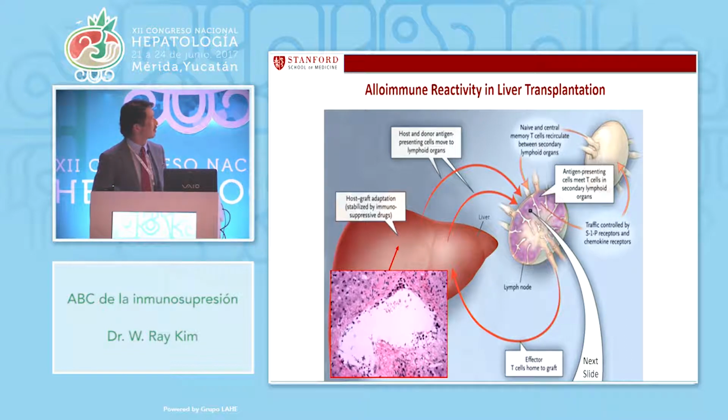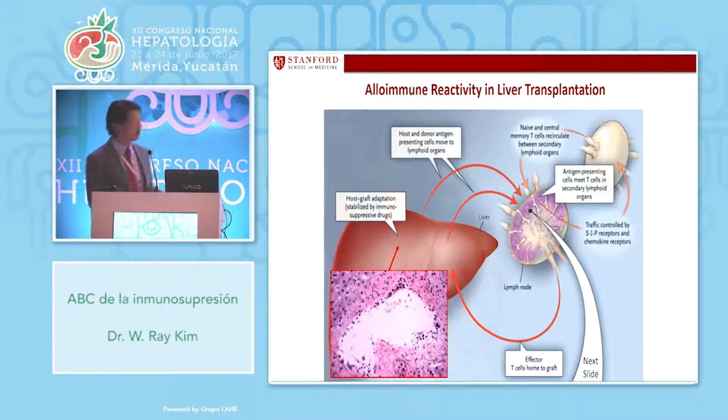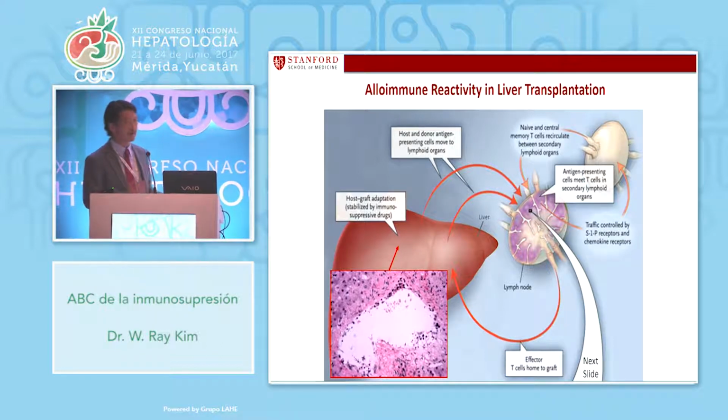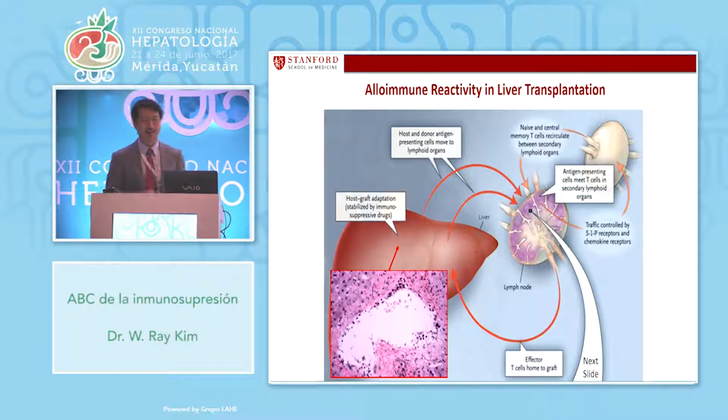There's a propagation of the immune reaction within the immune system, and those activated cells come back to the liver, trying to do something in the liver. There are two possible reactions. One is acute cellular rejection, as can be seen here, so the graft is rejected. Or there can be an adaptive response where the two entities, the host and recipient, learn to coexist. That's the key word in transplantation these days, called adaptation.